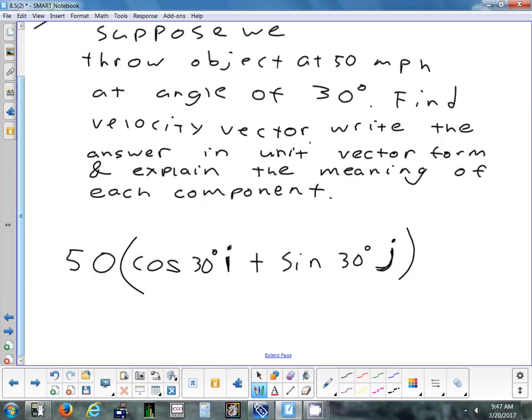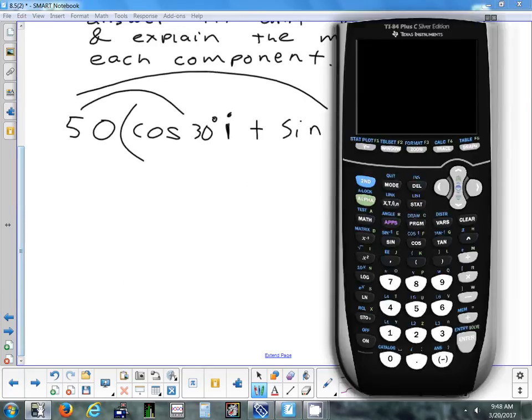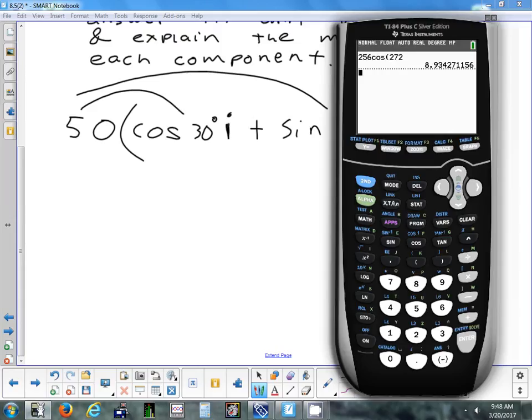Now, to write this and kind of do it out, what do you think we have to do with the 50? Yeah, we have to distribute it. Okay, so on our calculator, we'll type in 50 cosine 30. Okay, we get about 43.30.